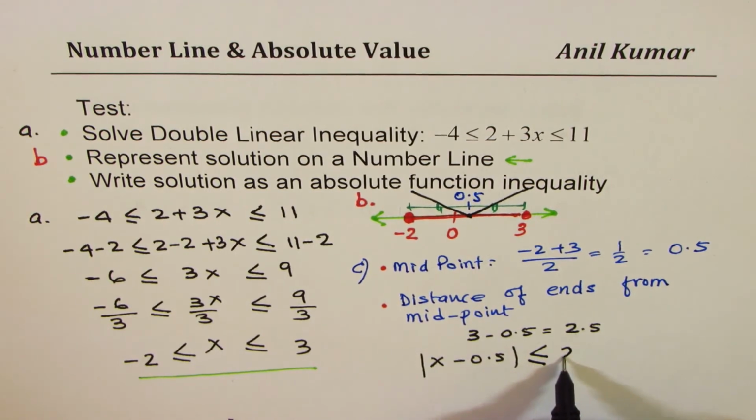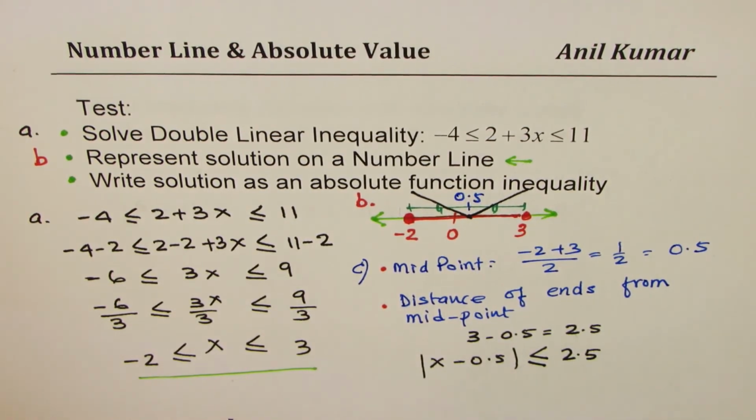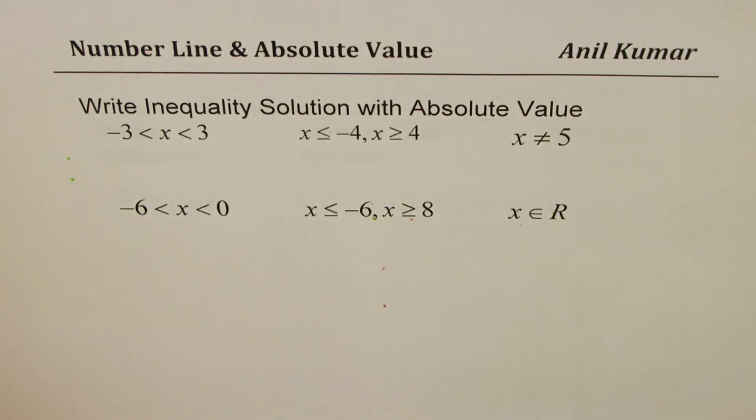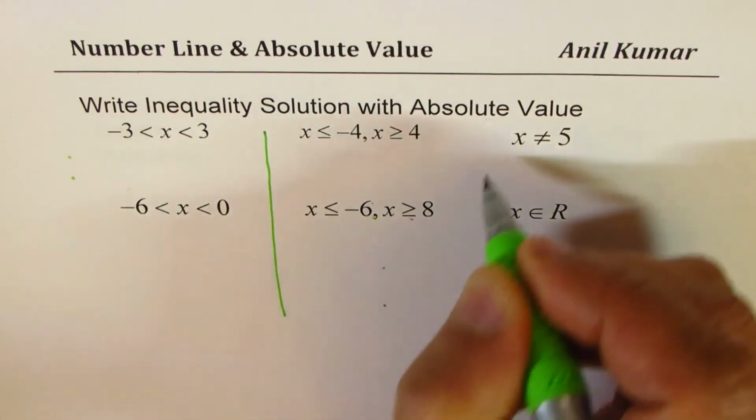It has moved right to this point, right? Is it okay? And we are looking for within 2.5. Does it make sense to you? Within 2.5. So that is how you get your solution. So I hope it is absolutely clear.